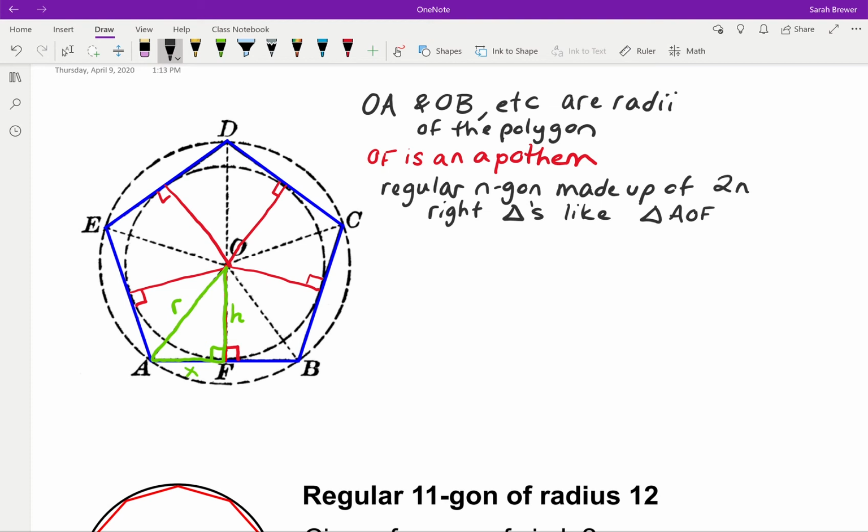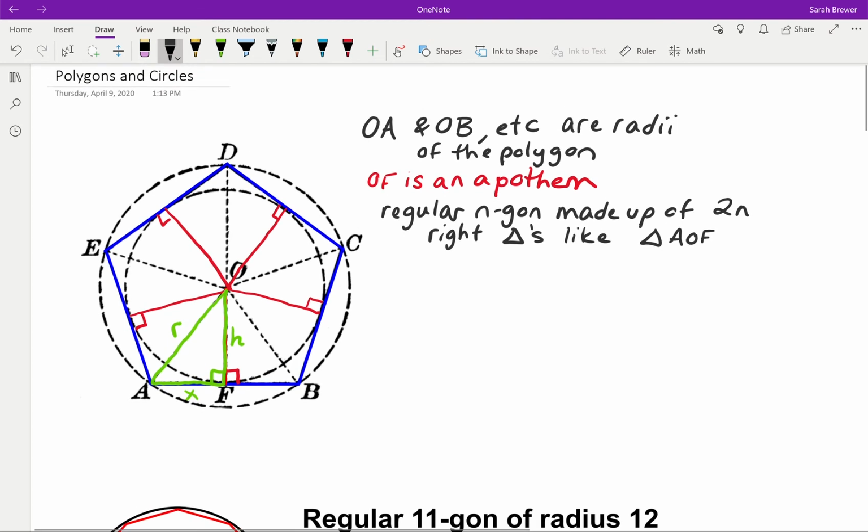Typically, the only information that we're given about a polygon is the radius of the polygon and the number of sides it has. Occasionally you're given the side length rather than the radius, or occasionally you're given the apothem length rather than the radius. But in this case, we're just going to assume that we know the radius.